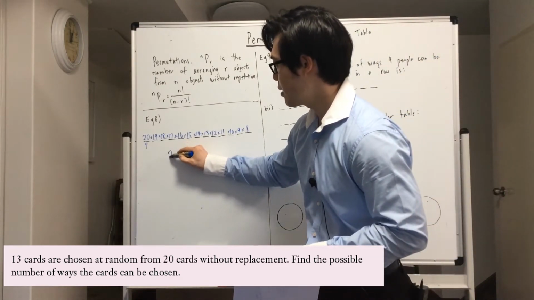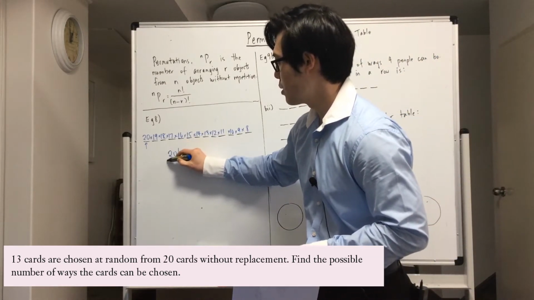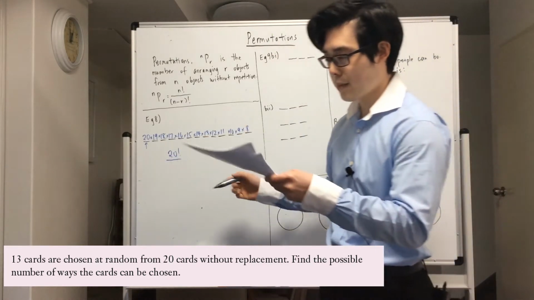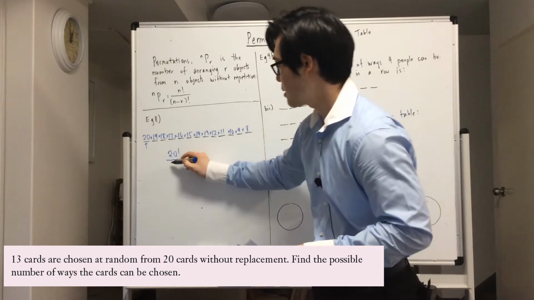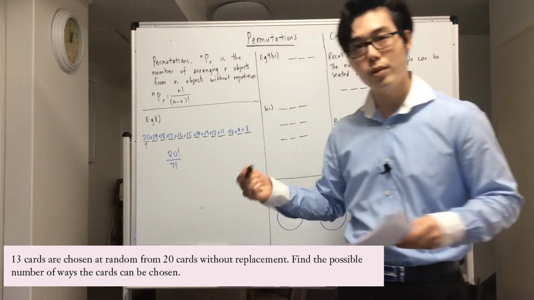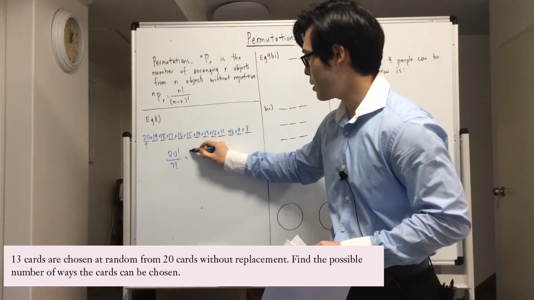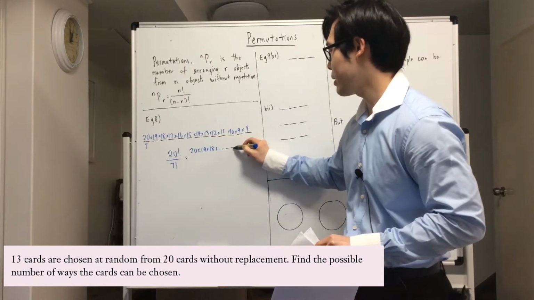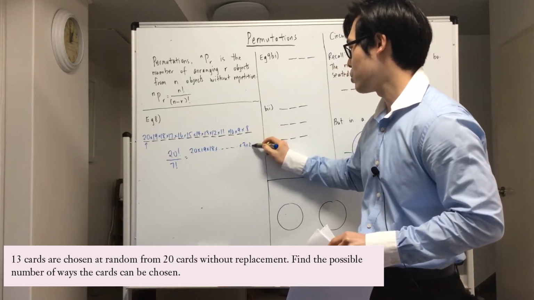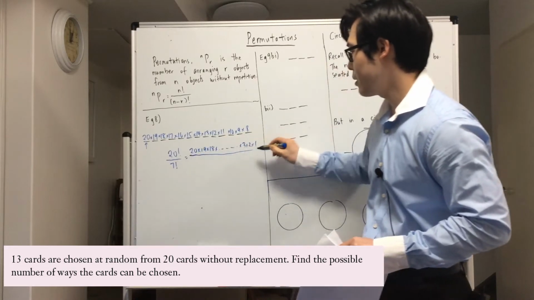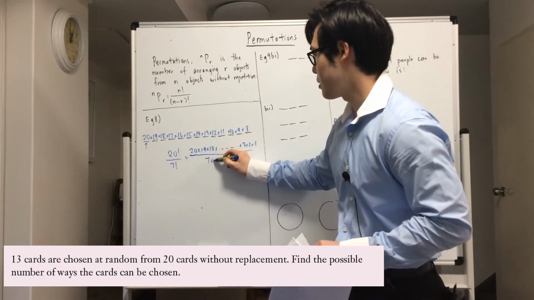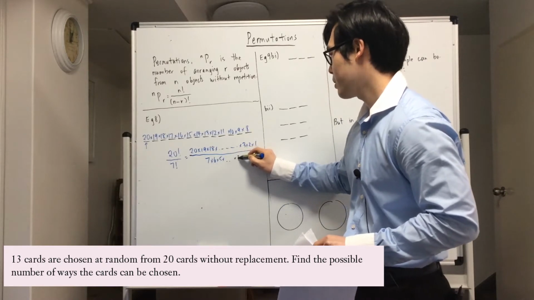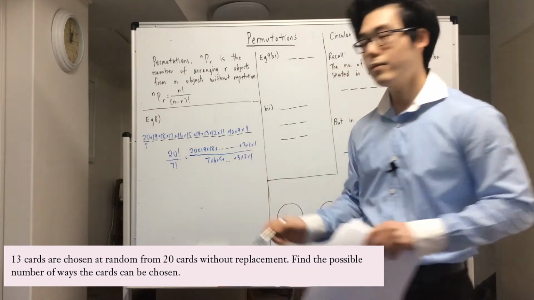What if I did 20 factorial, which is 20 times 19 all the way down to 1, divided by 7 factorial? Would that work? Because the top is 20 times 19 times 18 times all the way down to 3 times 2 times 1, divided by 7 factorial, which is 7 times 6 times 5 times, and so on.